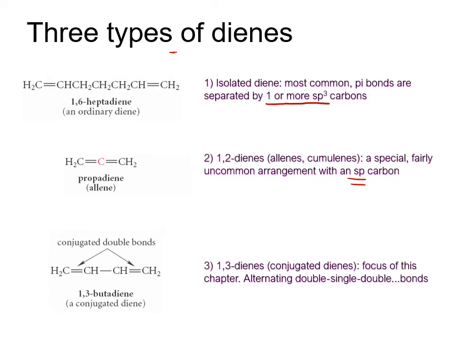And the last case, which is the focus of this chapter, are conjugated dienes, so number 3 here. These have essentially alternating double, single, double bonds. All of these atoms along here are sp2 hybridized, which allows us to have resonance throughout this entire system.